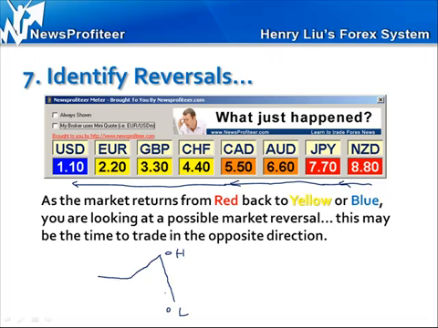And no matter what the news is, if you have favorable news for a particular currency, or you don't have a favorable news, the market is now showing you blue at this area. This is where you need to think maybe you're getting it wrong. So this is the time for you to, instead of thinking about buying, start selling.